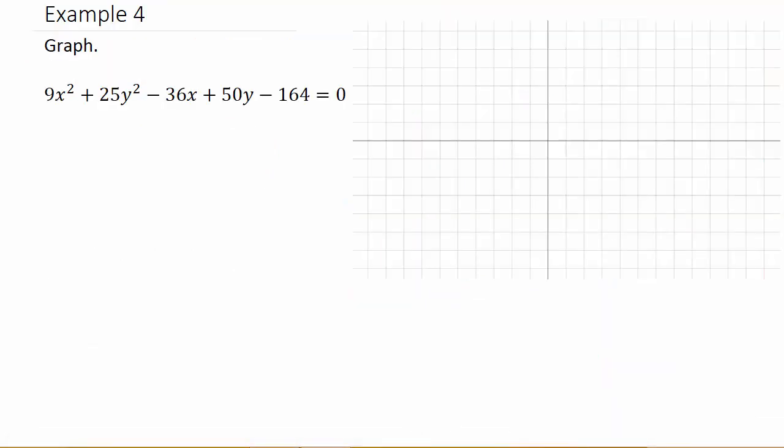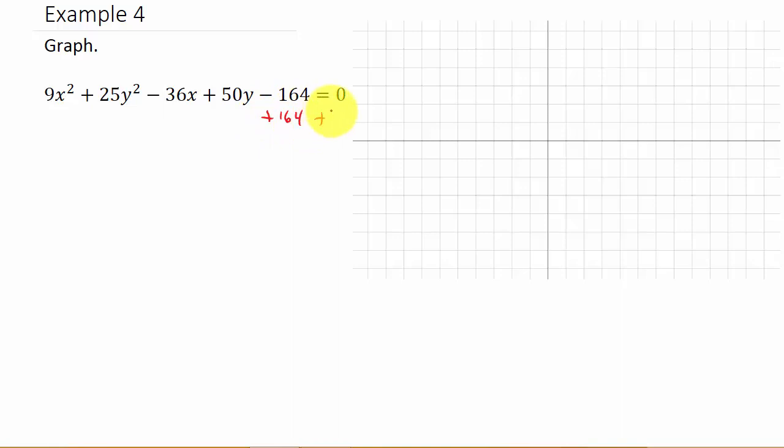Alright, so let's go ahead and convert this. What we're going to need to do is get the x terms together, get the y terms together, and move this constant to the other side. So let's move this to the other side.